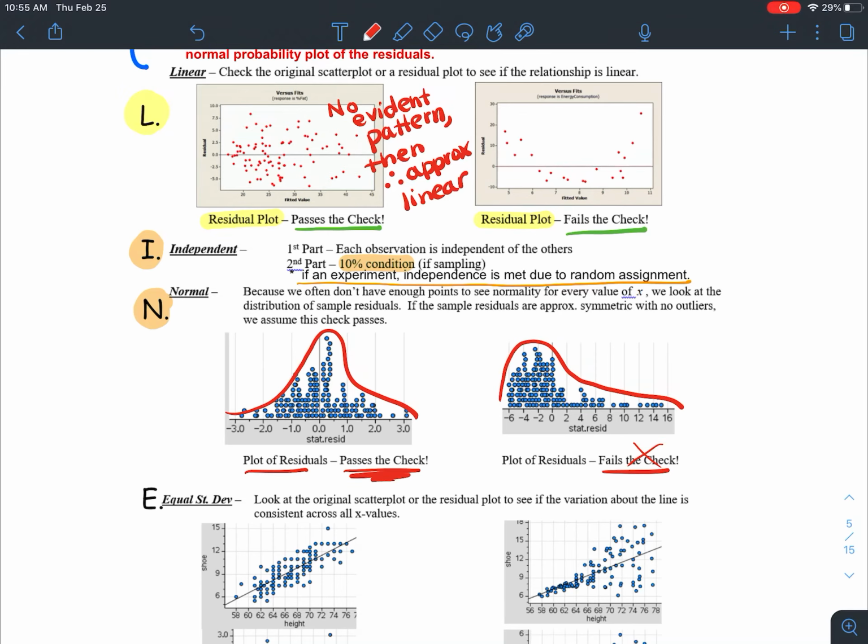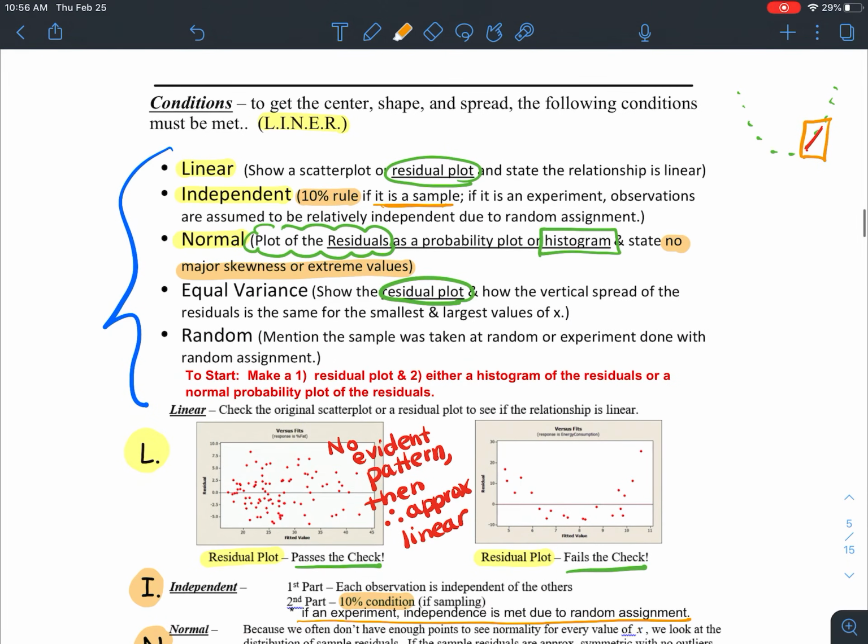And we would just want to make a remark that the histogram of the residuals shows no major skewness or outliers.